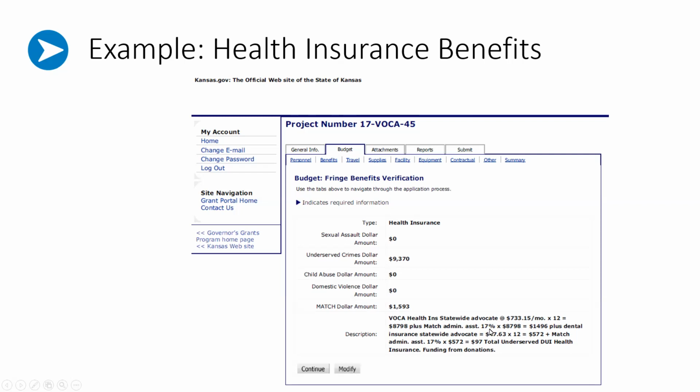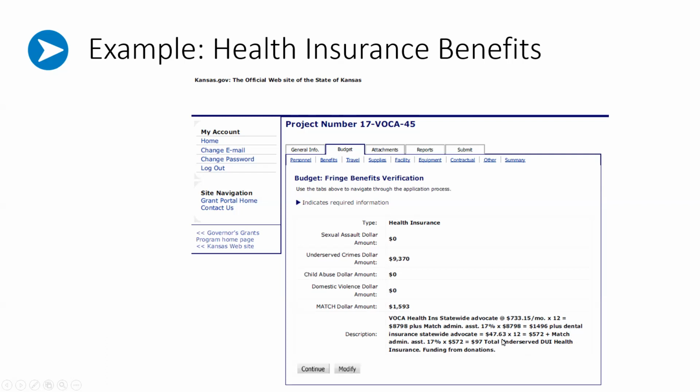Then the administrative assistant, we were also using to meet match. So we took 17% of their time to come up with $1,496. So those don't add up to what we've got as the total because we have to add in dental insurance. And these are really tedious descriptions, but in some grants you have to get almost to that level. So in this case, we had to count dental insurance.